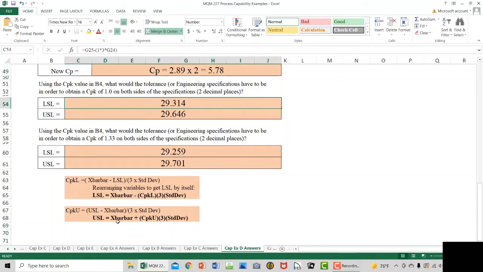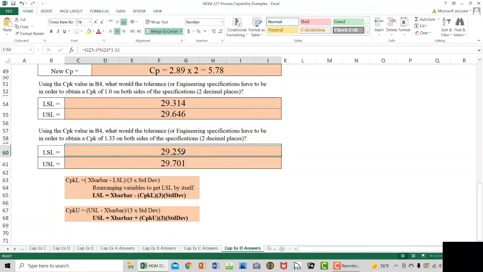And when we do the upper spec limit, we're going to use X bar plus the 1 desired CPK times 3 times the standard deviation. And remember that our specification was 29 to 30. So to have a CPK of 1.0, we could actually have a tighter specification than what the engineering people gave us.